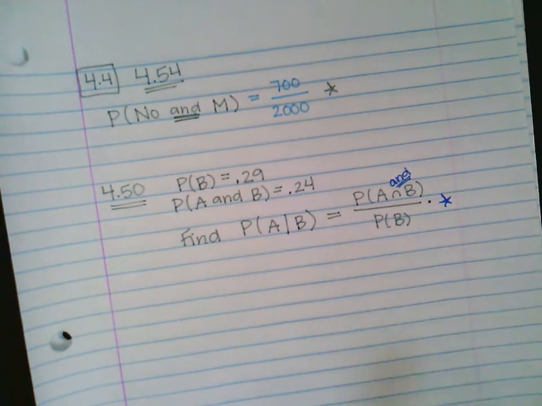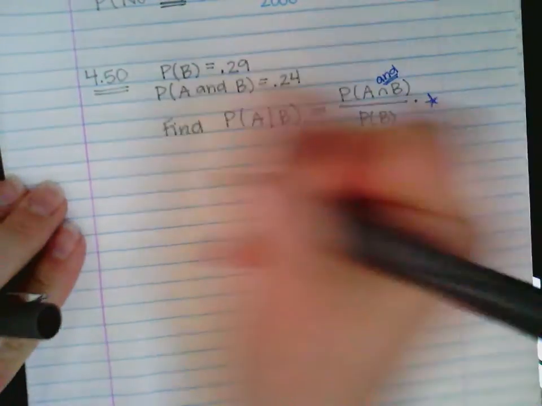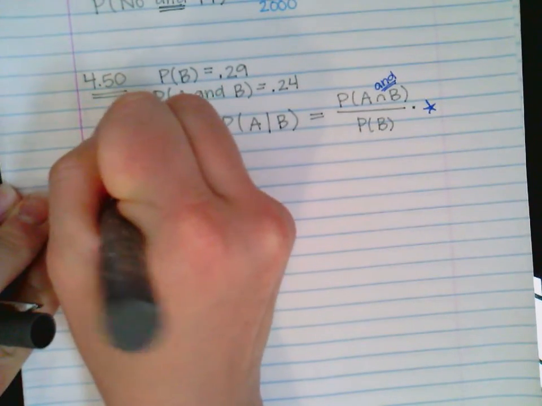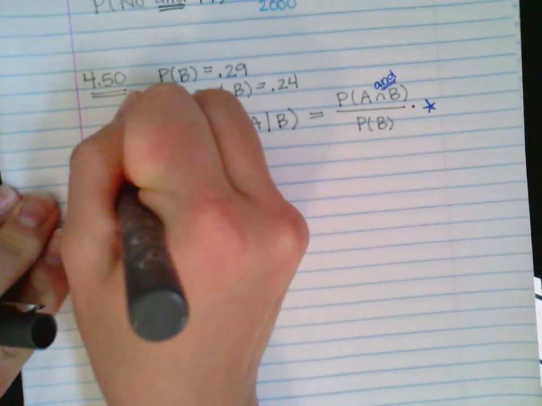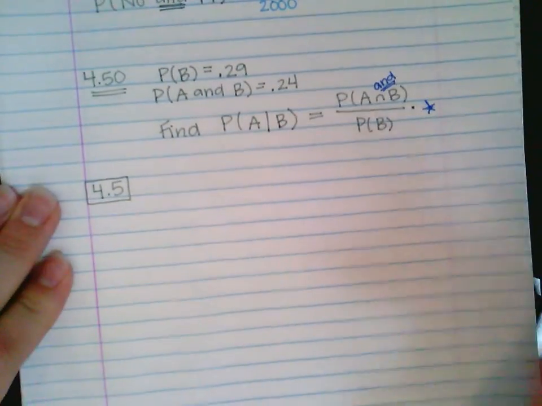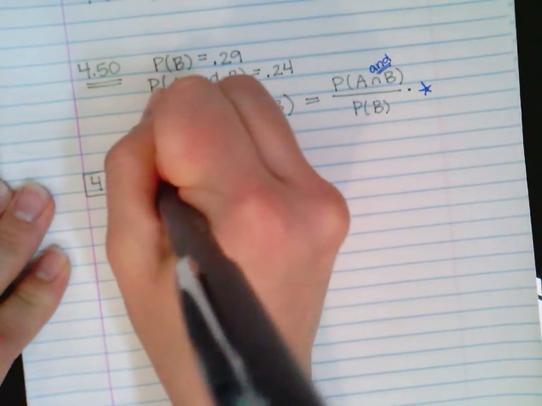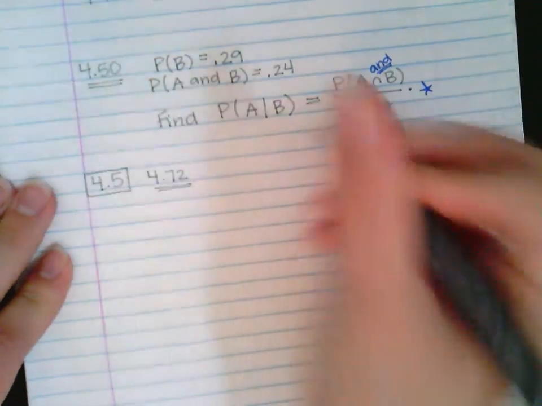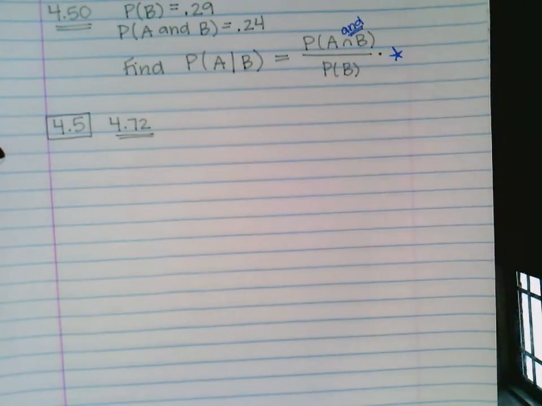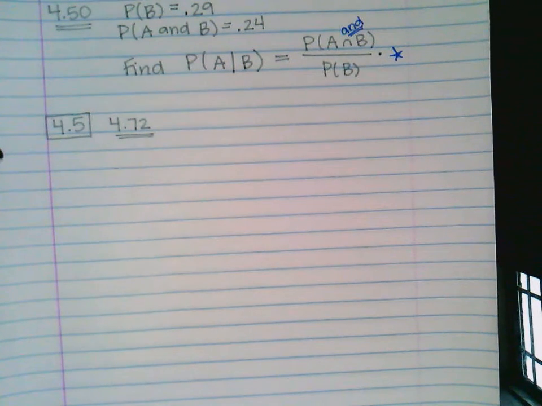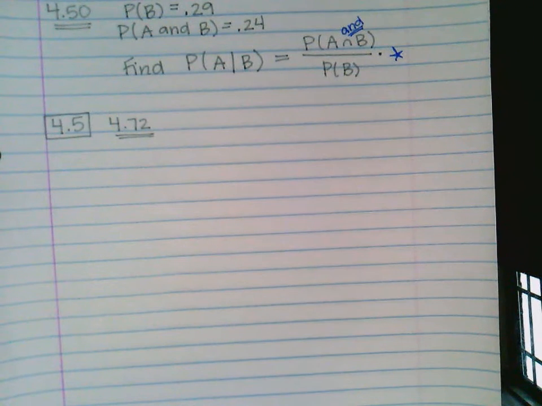All right, in section 4.5, the first question that I want us to look at is 4.72. All right, so in this question, they were asked whether or not they actually look at the calories and fat content when they buy groceries.